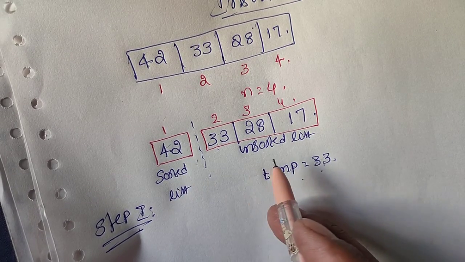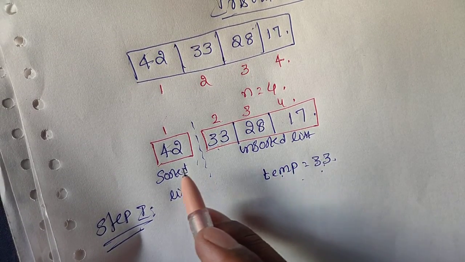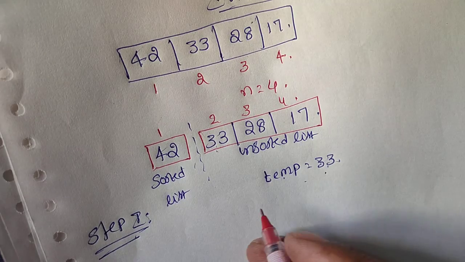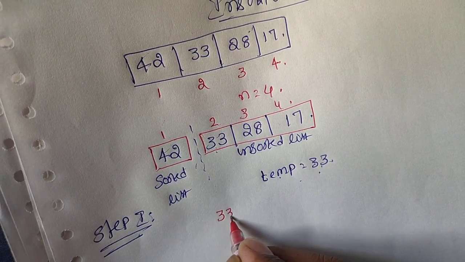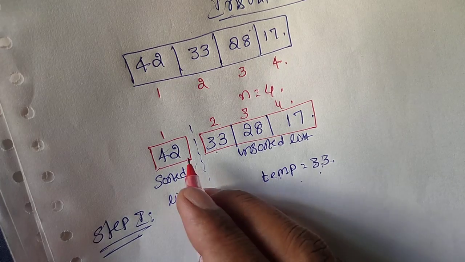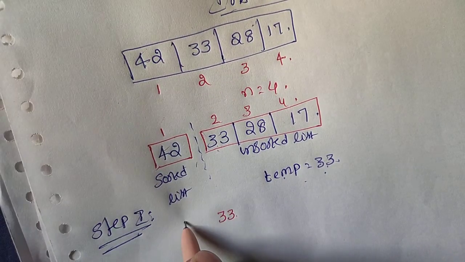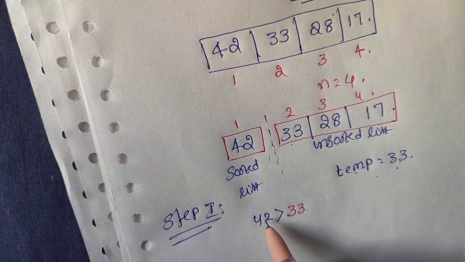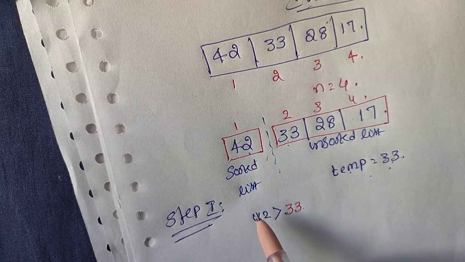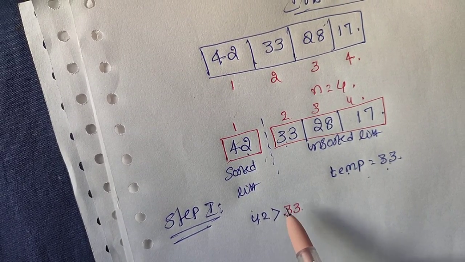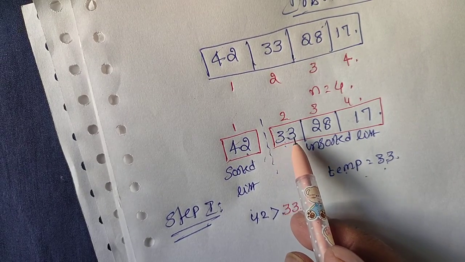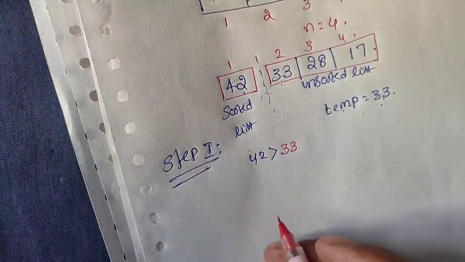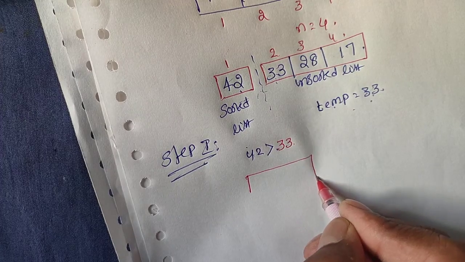Now we move this unsorted element into the sorted list. For this we check whether 42, the sorted list value, is greater than 33. The sorted list will then contain two values.